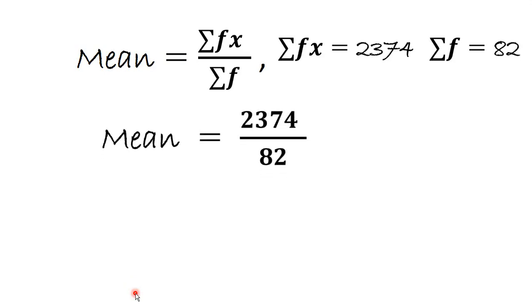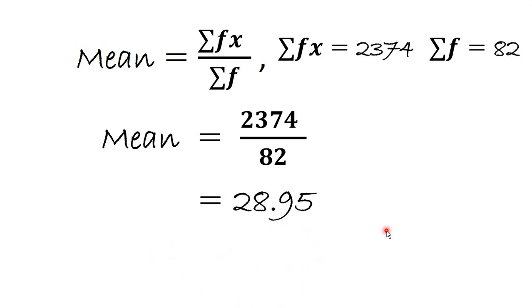So when we substitute for that, we shall have 2374 divided by 82, which will give us 28.95. So that is going to be the mean. That is, of course, the mean mark.